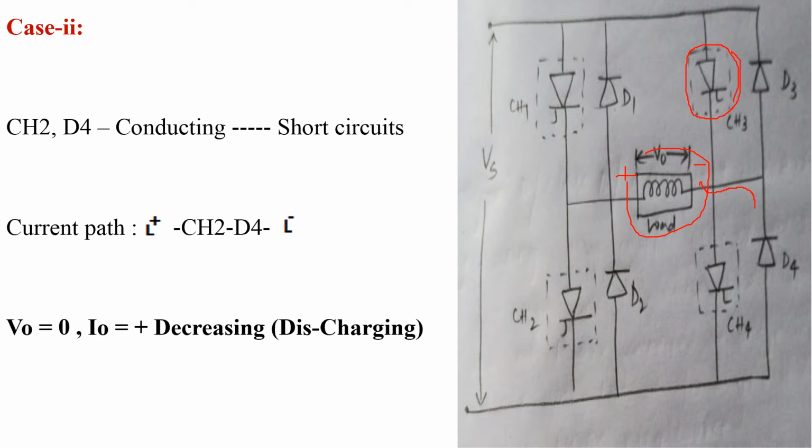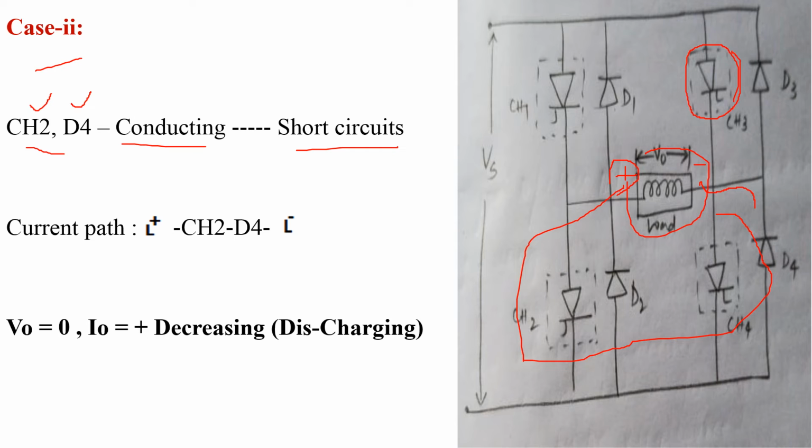So in the second case, chopper CH2 and diode D4 are in conducting state, and all remaining diodes and choppers are in non-conducting state. Means CH2 and D4 act as a short circuit, and the inductor starts discharging from positive polarity to negative polarity in the path L plus, CH2, D4 and L minus.